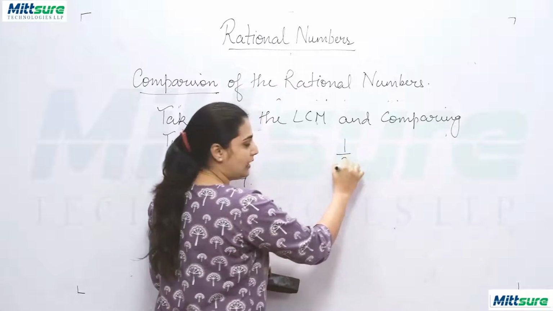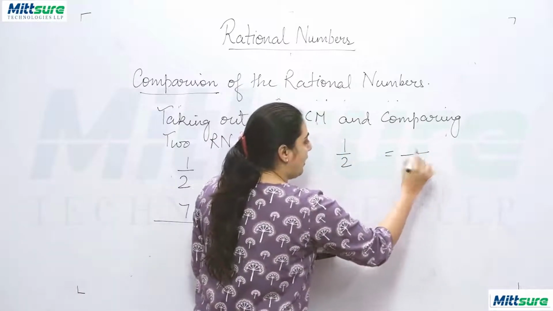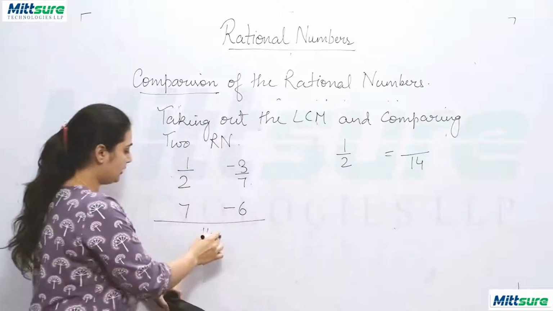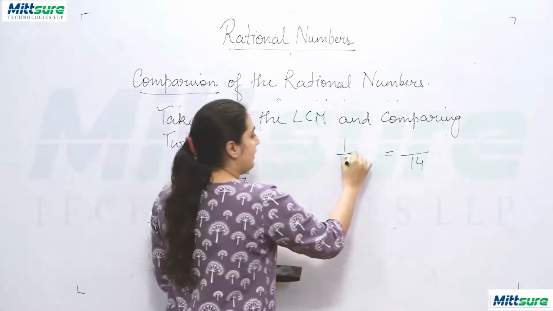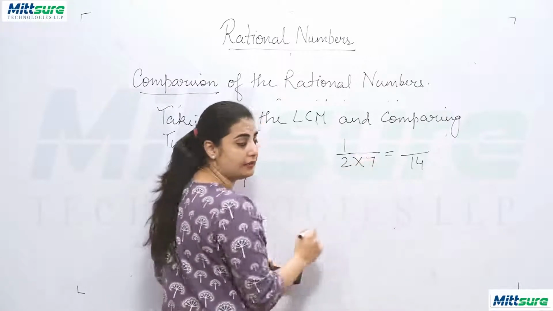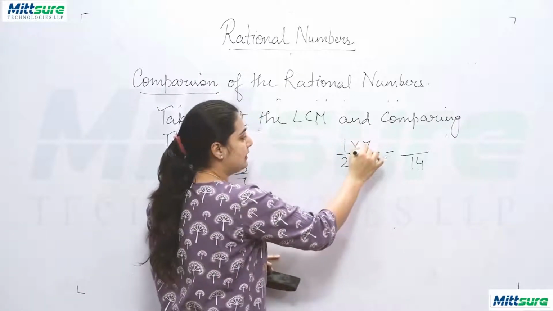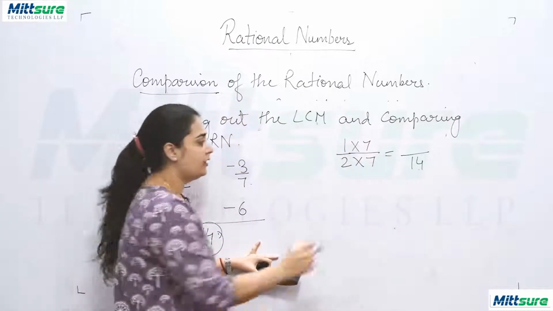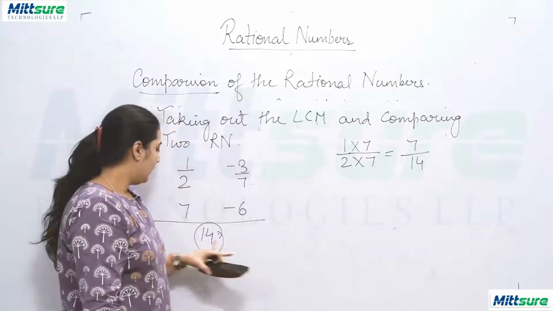1 upon 2 is my rational number and in the denominator I want 14, because 14 is the LCM that I have calculated. If I multiply this 2 by 7, certainly I will get 14. Similarly, I will be multiplying 1 with 7, so I will get 7 upon 14. Clear?